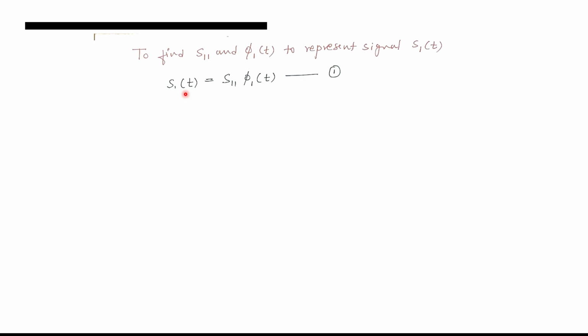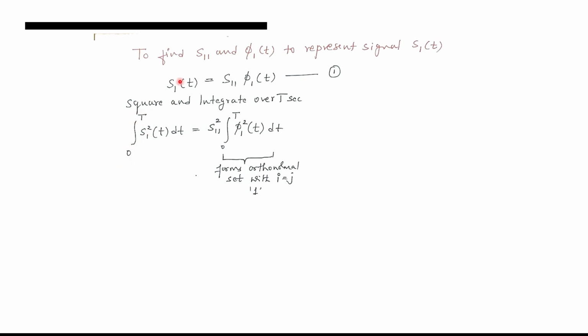Here we consider S1 of t as the basis signal, and we are going to neglect the remaining values as 0. Therefore, S1 of t is represented by S11 and phi 1 of t. So square and integrate the above equation over T seconds.